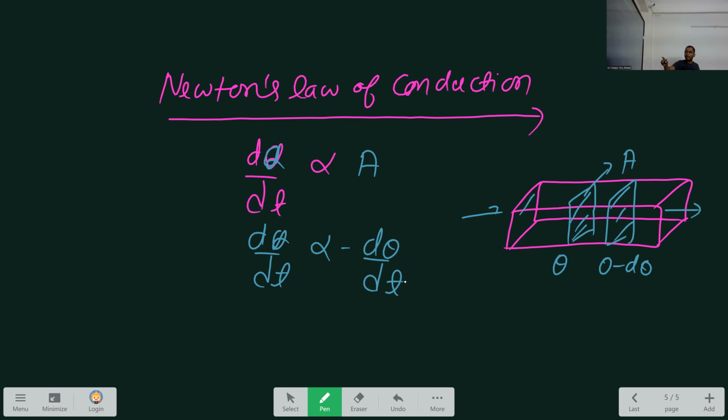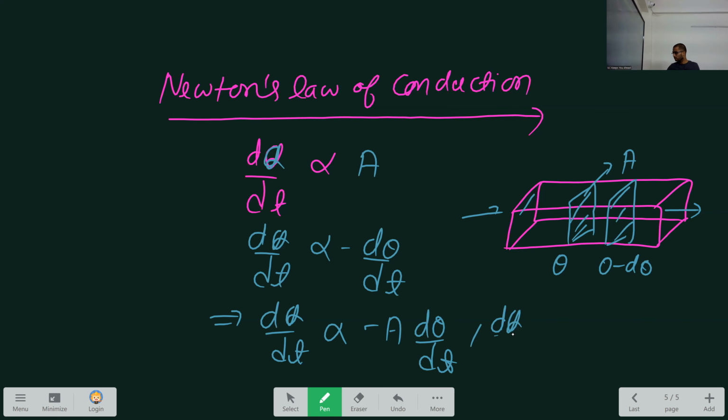Now if we combine these two values, we get dq by dt proportional to minus A d theta by dx. Now if we remove the proportionality, we have to apply a constant. So dq by dt will be equal to K A minus d theta by dx.